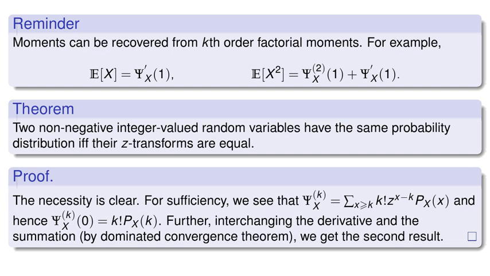This shows how the PGF uniquely determines the probabilities p sub X of k for all k. Further justification for interchanging the derivative and summation relies on arguments like the dominated convergence theorem, ensuring the result holds.